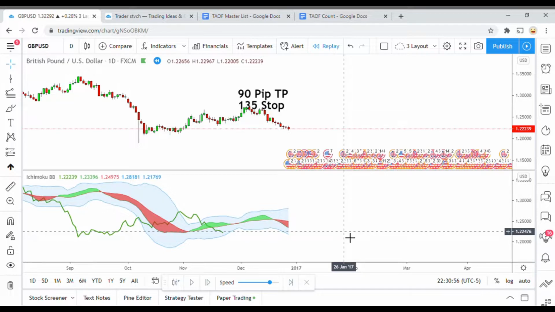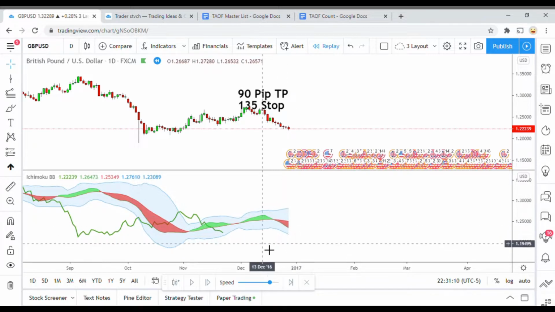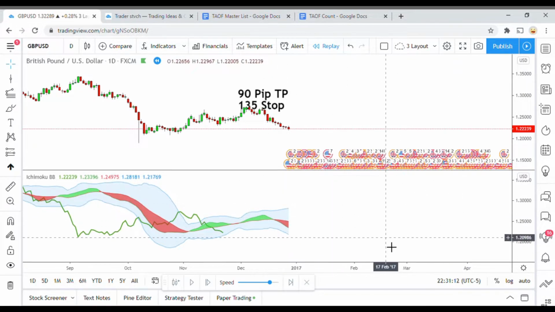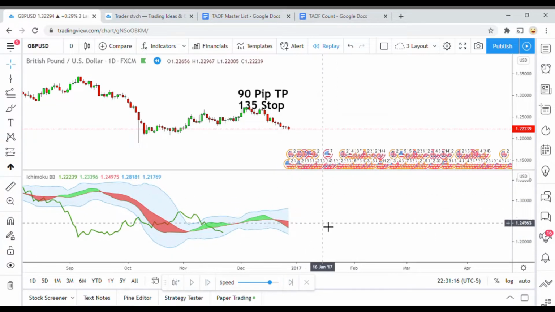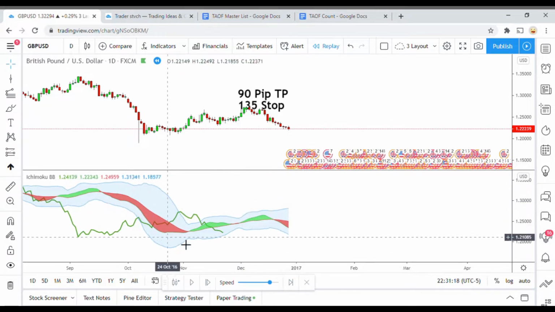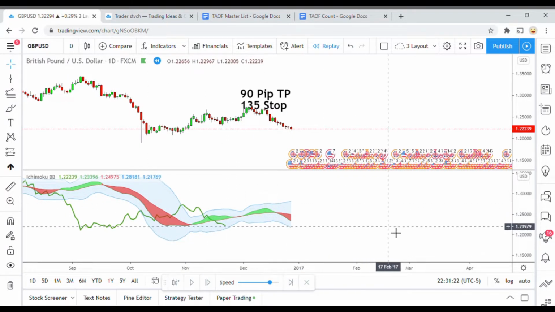If you've never seen the Ichimoku, never played with it, I suggest you go take a look at it. I believe we've actually done a couple of videos on it as well, if you're interested. But the cloud itself, if I remember right, projects ahead of price action, so it's kind of a future indicator, or a forward projecting indicator.